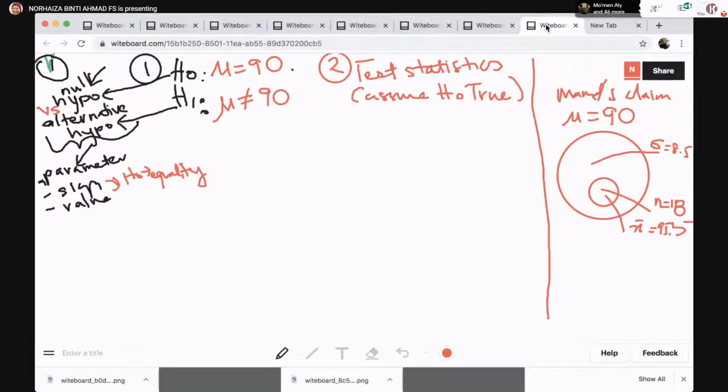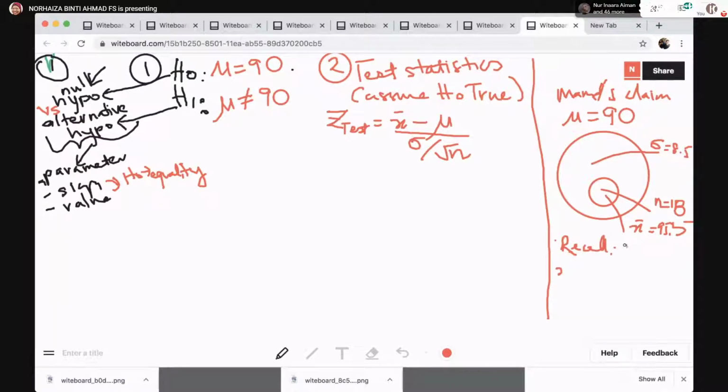So for Z distribution, the test statistic is going to be a Z test: X bar minus mu over sigma over root n. Note that when you calculated confidence interval last time, you used your critical value from your Z distribution times this sigma over root n.